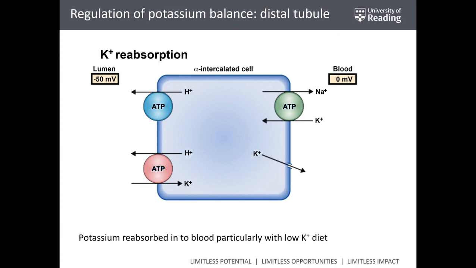But then the only leak channels that allow the passive movement of potassium from the cytoplasm of the cell into the extracellular fluid are on the basolateral membrane. So this excess of potassium inside of the cell can only move out from the basolateral side, which means on the blood interstitial side on the right. So this is particularly true when we have low potassium in the diet.